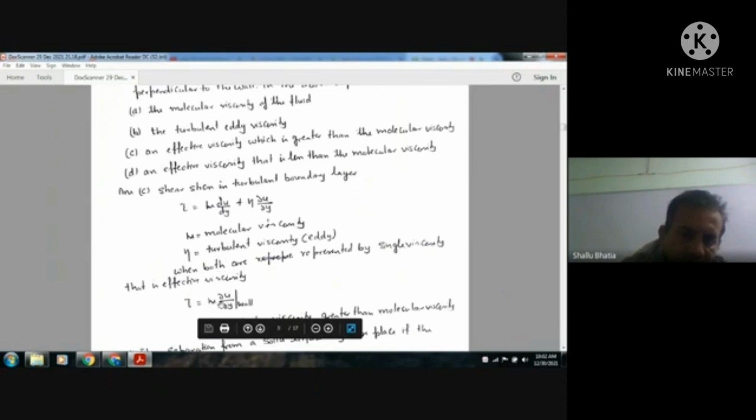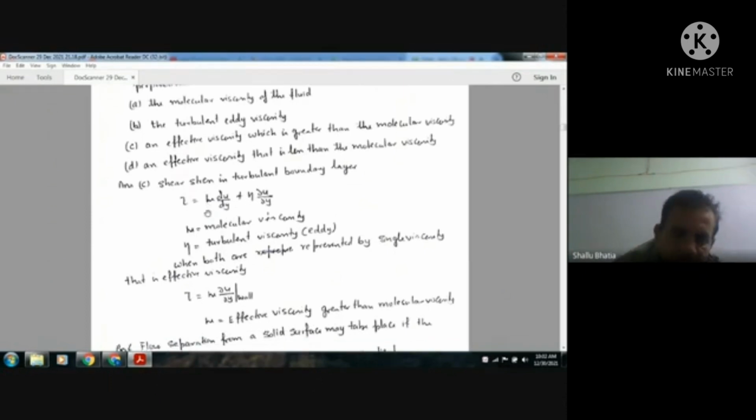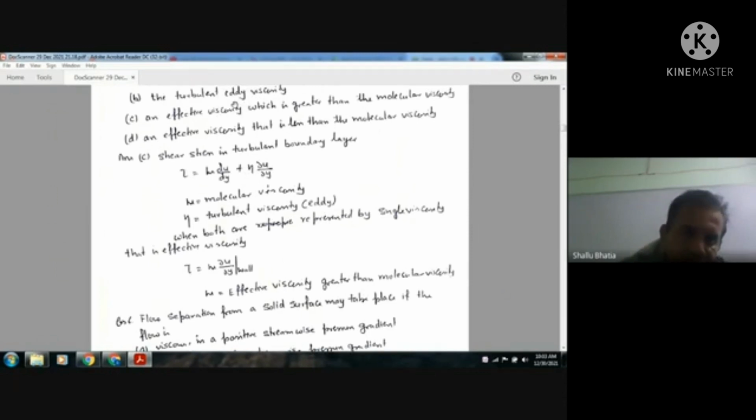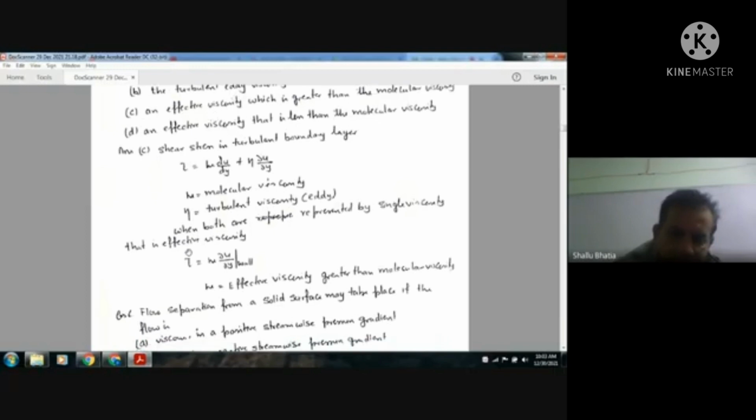So this is your effective viscosity and it is greater than the molecular viscosity. Generally, the eddy viscosity quantity is very large as compared to the molecular one, so we take this value. Okay, but as two different options are given, turbulent eddy viscosity and effective viscosity, we have to mark option C.